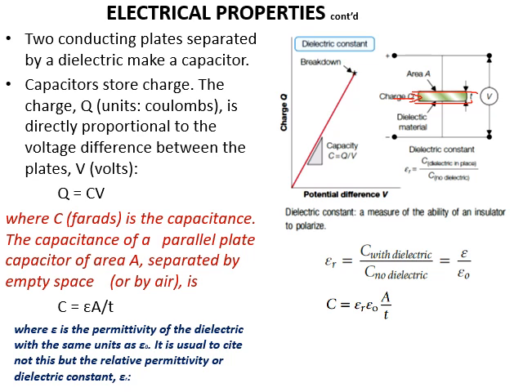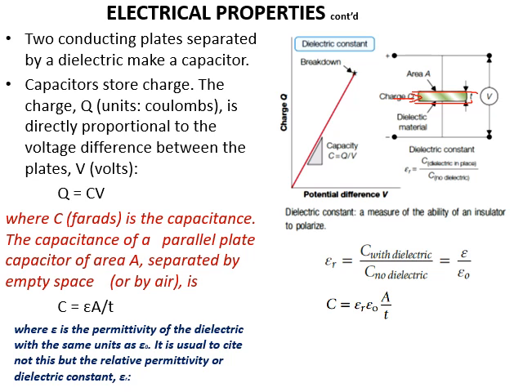The capacitance of a parallel plate capacitor of area A: you calculate the area of the plates, separated by empty space or air, or you can put a material between them, and C equals epsilon A divided by t.